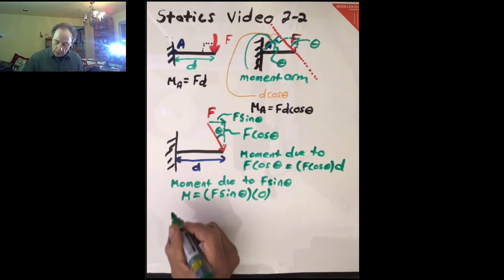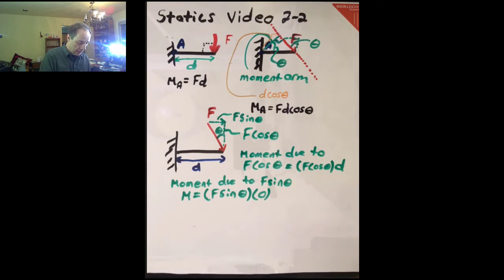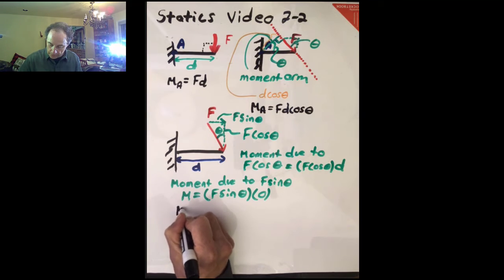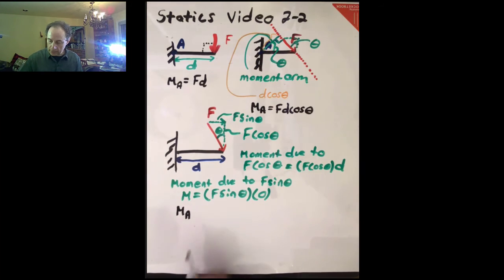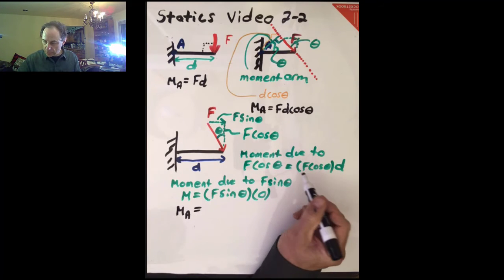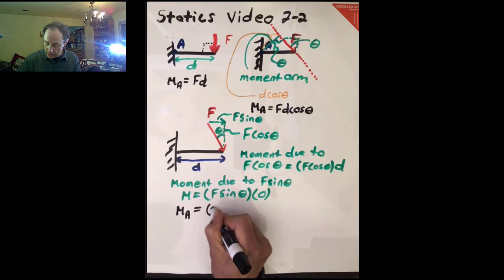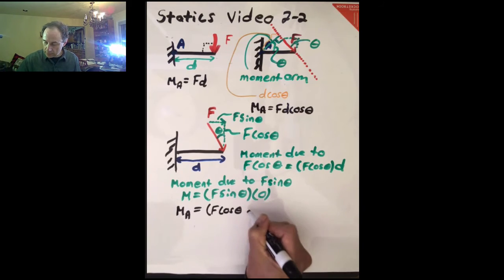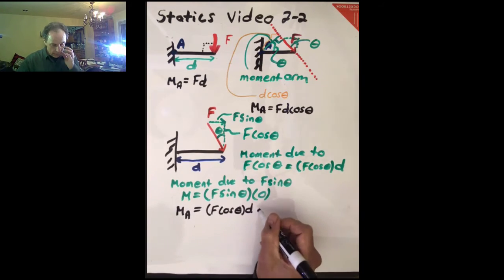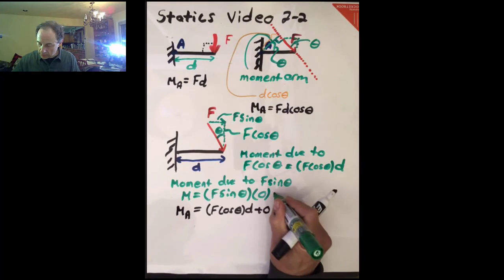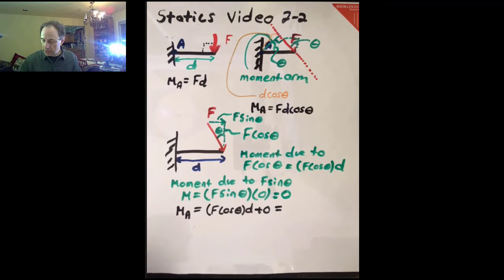So the total moment about A is going to equal the sum of these two components, F cosine theta times d plus 0, because this one is obviously 0, just for completeness' sake.